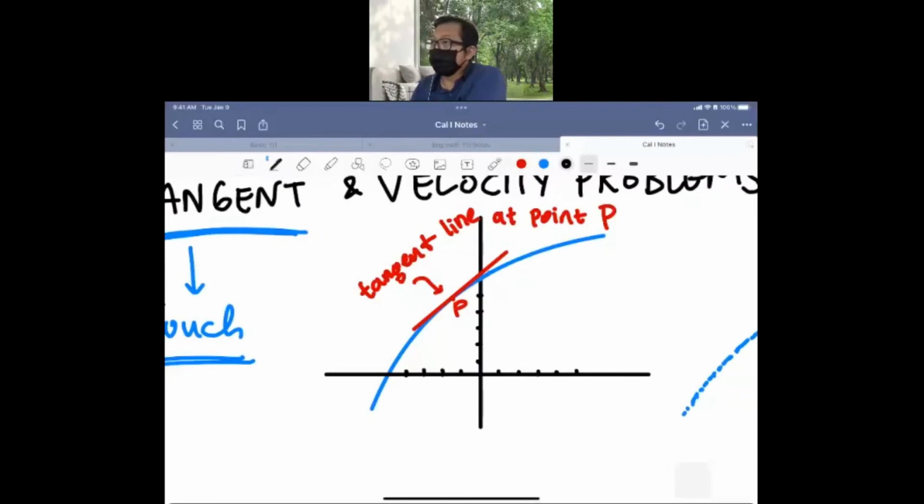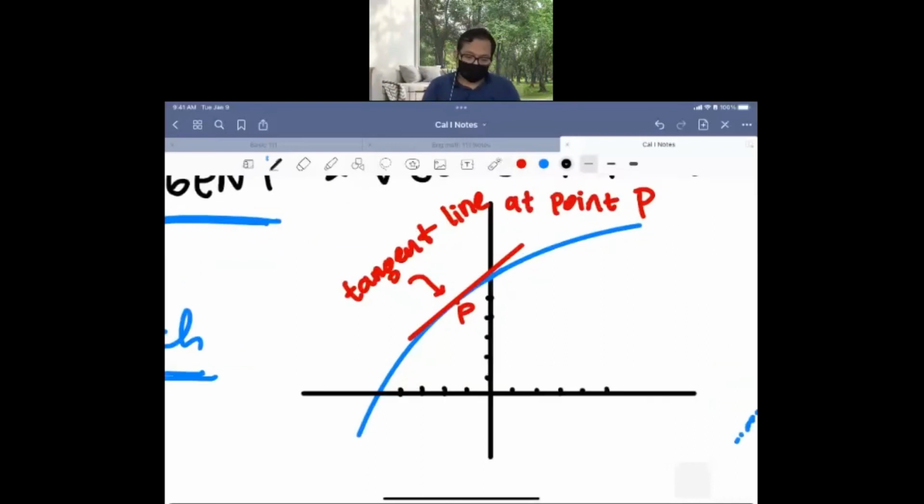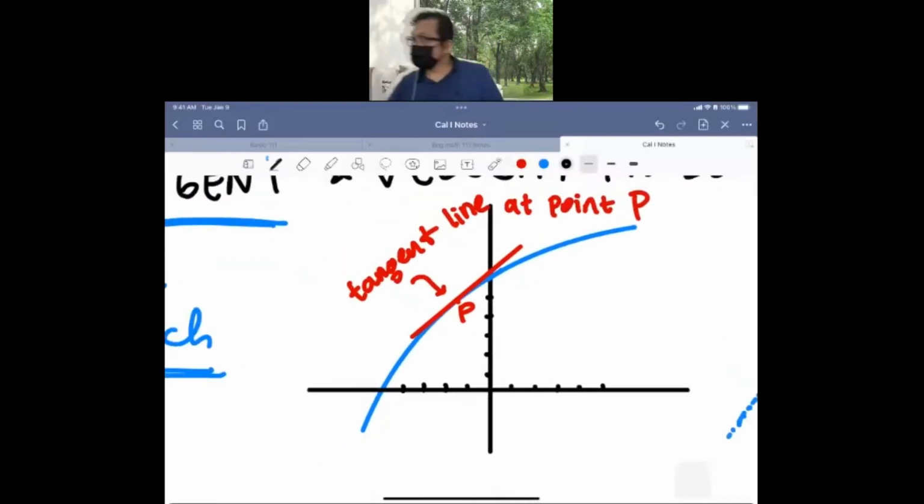But the tangent line itself is one way to approximately predict with some functions, to make some approximation. Because if you look at the tangent line near this point P, the gap is really close, right?